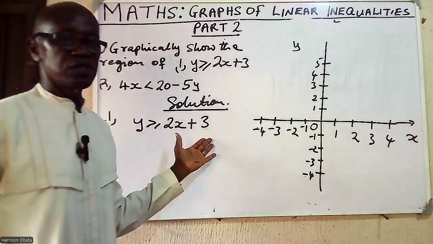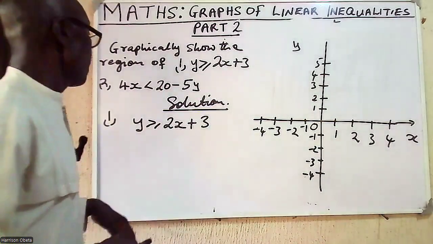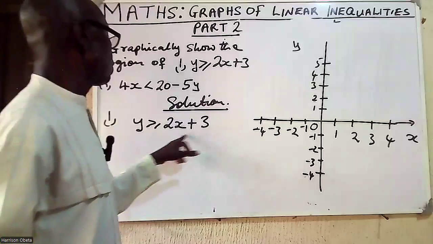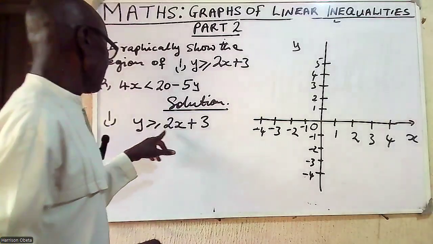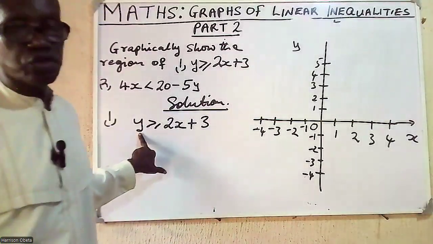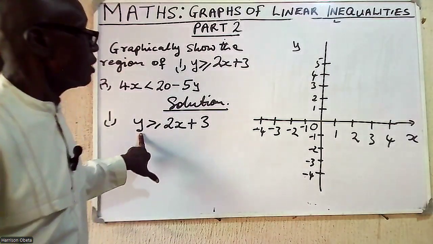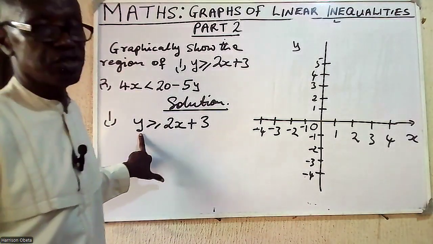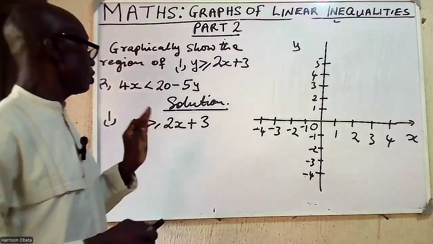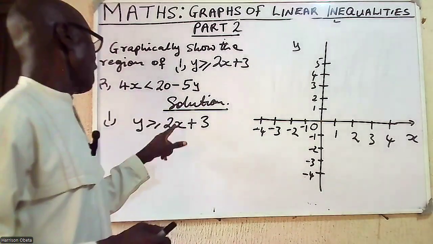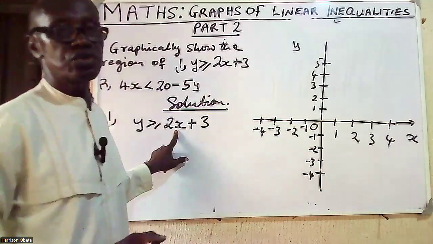Now, if I want to know where this line will pass through the x-axis, I'll put y equal to 0, because along the x-axis, y is always 0. If I want to know where it will cut the y-axis, I'll put x equal to 0.